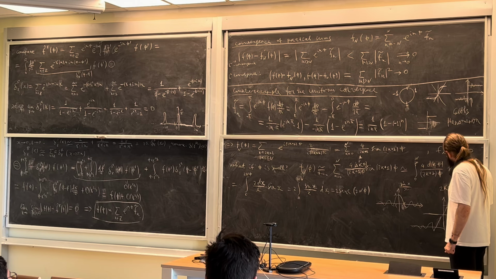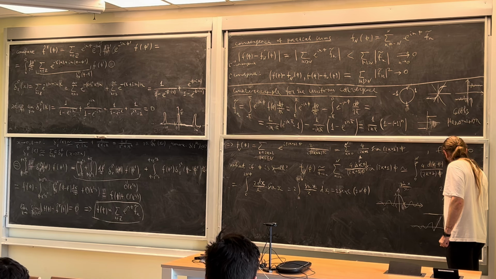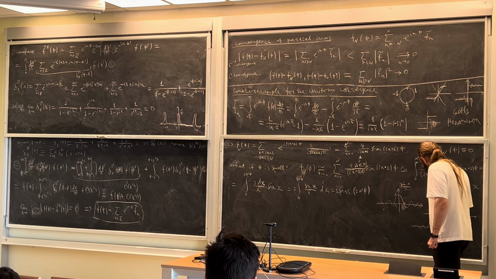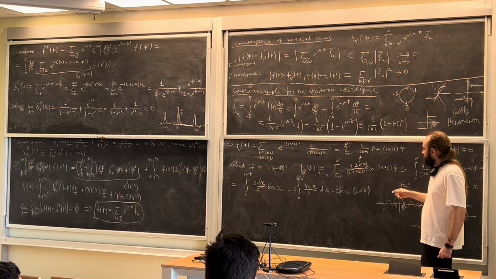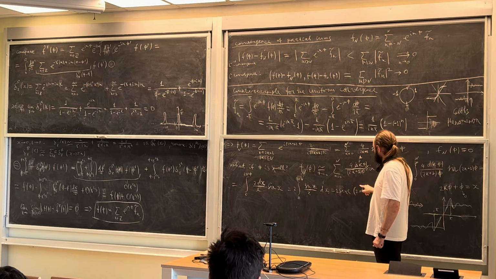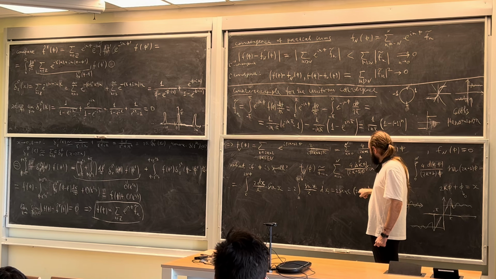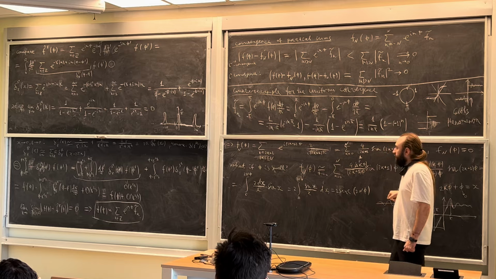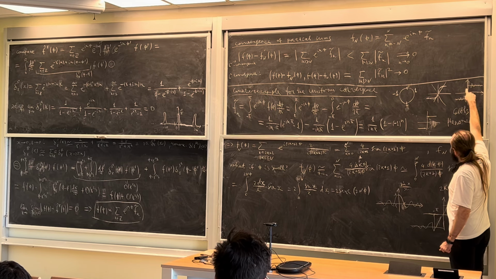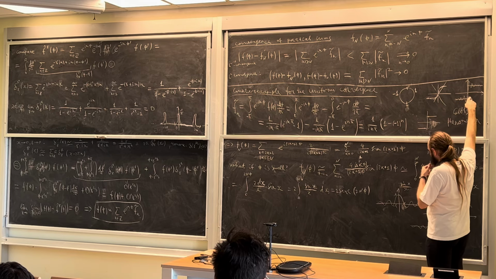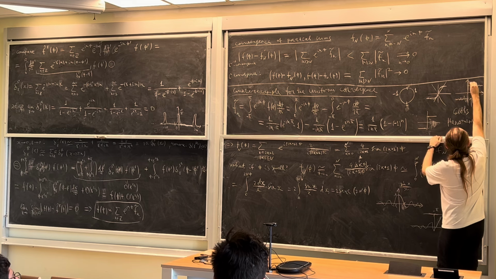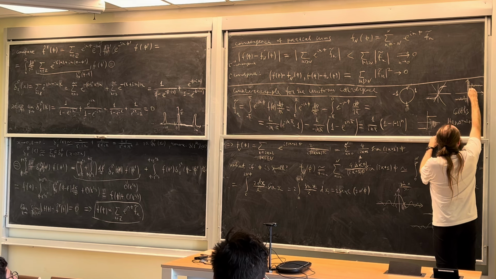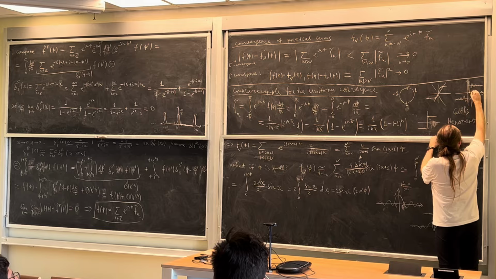So this maximum is at point pi, and this is at minus pi. Since this function depends on 2n times phi, then the position of this maximum in this picture should be pi over 2n.